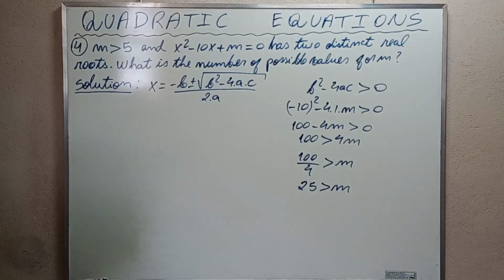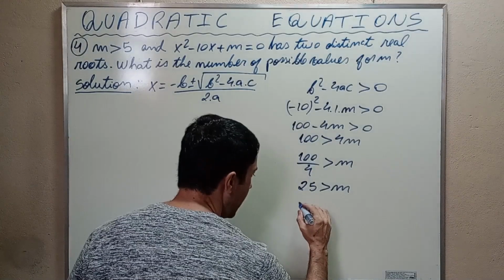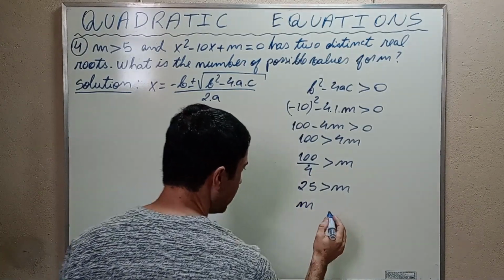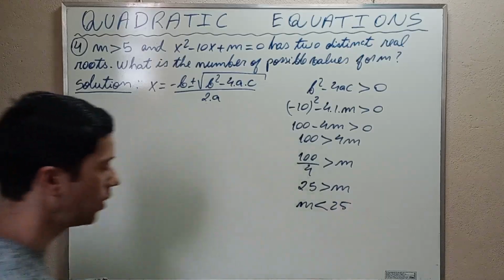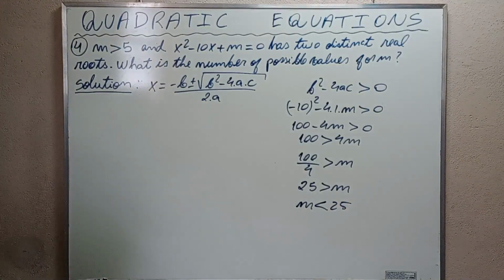Okay? 25 has to be greater than m, which can be rewritten as m has to be less than 25. Okay? M has to be less than 25.